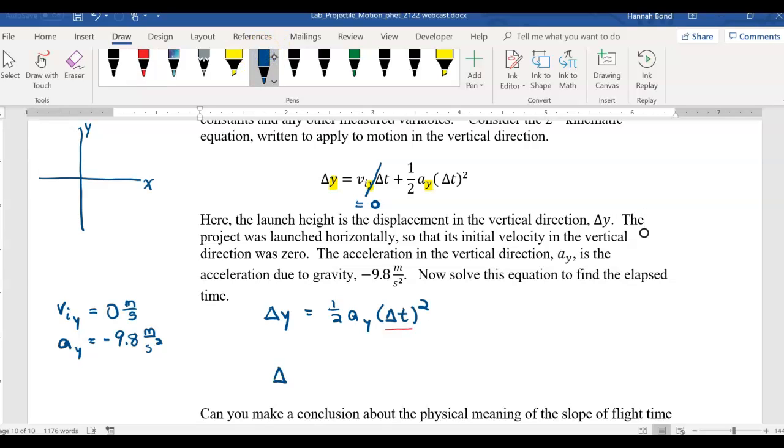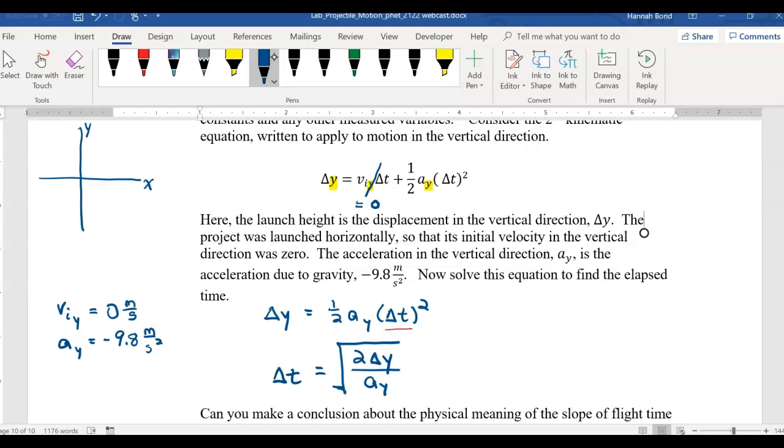So I'm going to divide both sides by 1/2 times a_y, and I get 2 times delta y, the displacement in the y direction, divided by the acceleration. That equals t squared, and so if I want t, I have to take the square root of that.